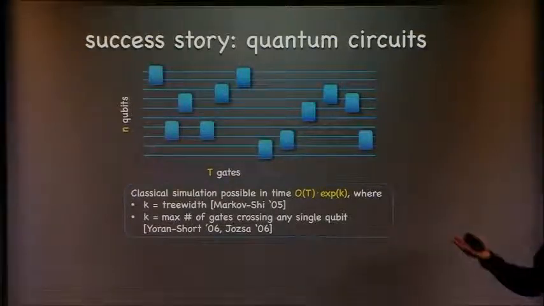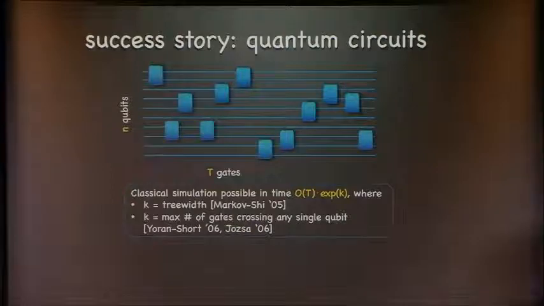So Yaoyun Shi, who's somewhere in the audience, and Igor Markov have proved that you can do it if k is the treewidth of the graph induced by these interactions, which, if you don't know what it means, roughly means how far is this graph from a tree? How many vertices do you have to group together in order to make this a tree graph?